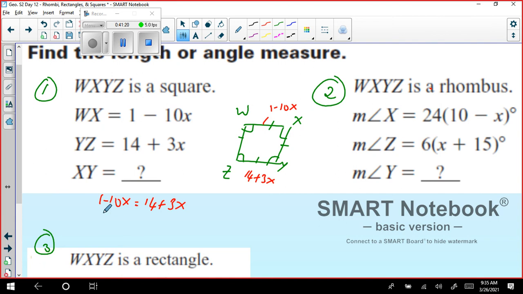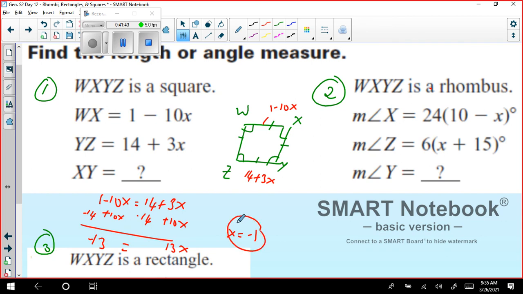Okay, add 10x and subtract 14. 10x plus 3x is 13x, and negative 14 plus 1 is negative 13. Dividing by 13, I get x equals negative 1.